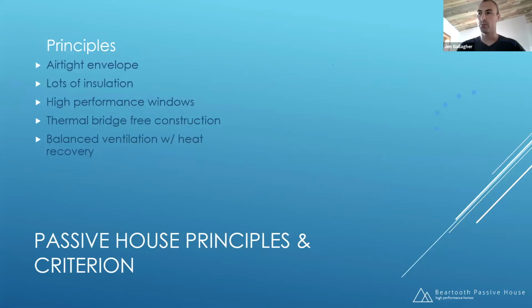The principle is not that you have to eliminate every single thermal bridge that exists in a structure, because that's not possible. It is to make sure that you account for them and then address them if they need to be addressed.